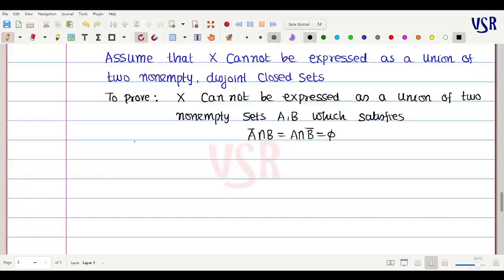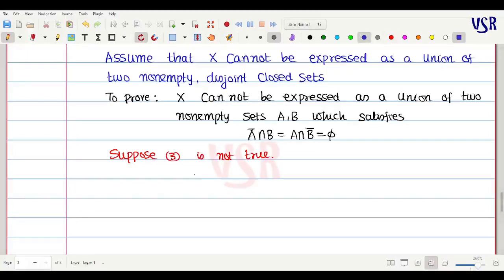ஓகே, சப்போஸ் 3 is not true. Okay, I'll take that as suppose 3 is not true. Okay, இதுதான் கான்ட்ரடிக்ஷன் கொண்டு வரக்கூடிய விஷயம்.